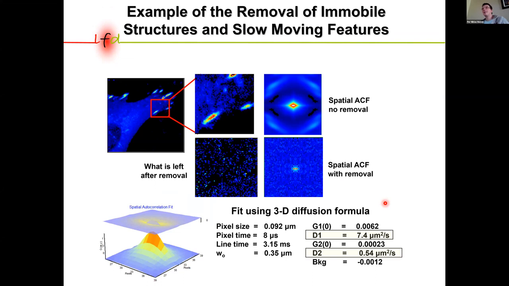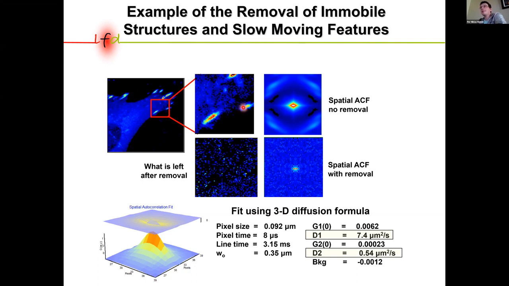Okay, here's some example of the removal of immobile structures, or also slow-moving structures, which can also appear in cells. So these are focal adhesions, and RICS was analyzed in this region marked by the red square.